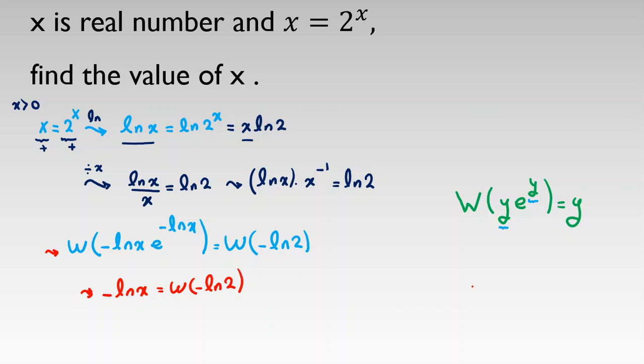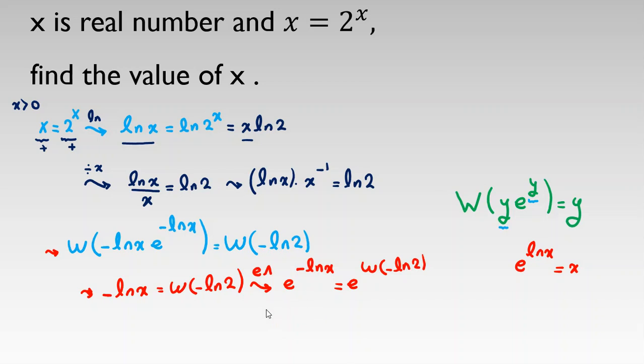Now I want to reach x. If I want to reach x, e to the power of ln of x equals x by definition. So if I raise e to the power of that, e to the power of negative ln of x equals e to the power of W of negative ln of 2.